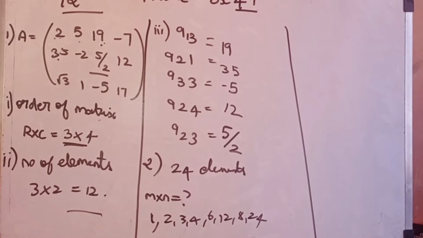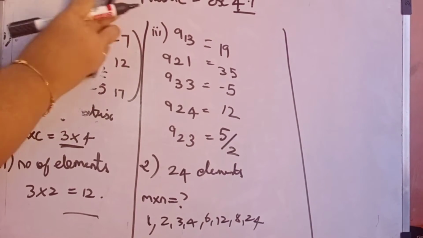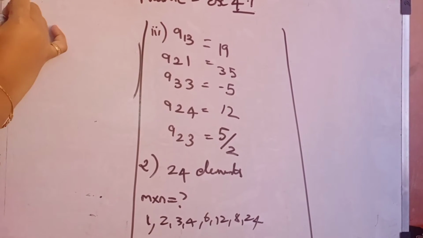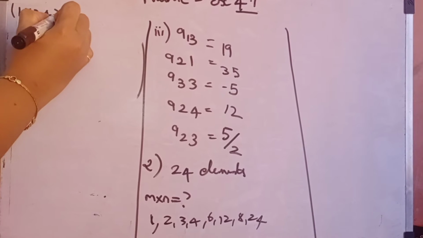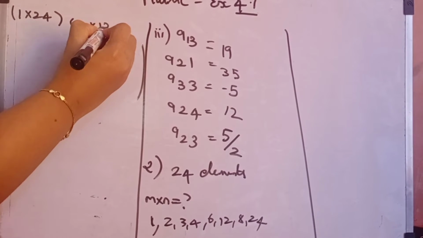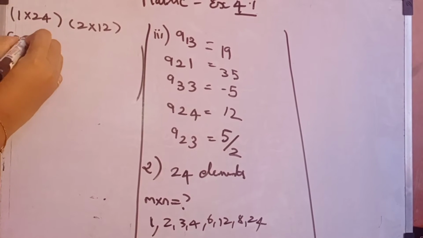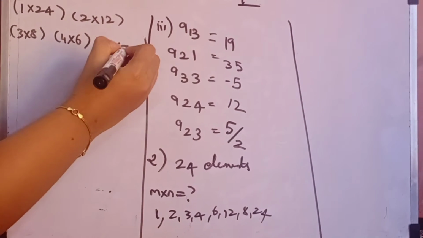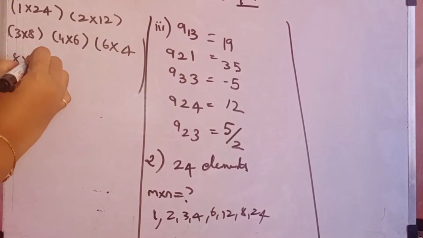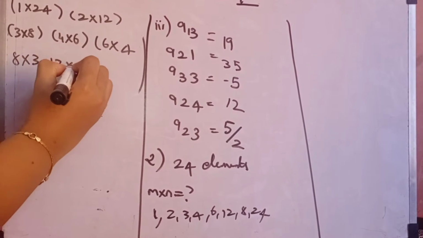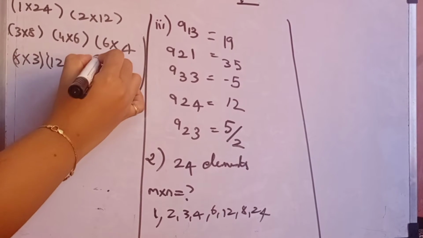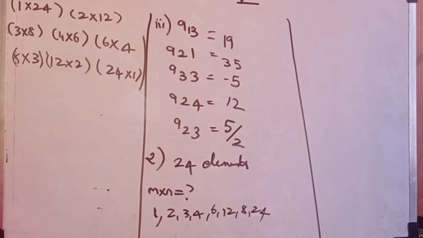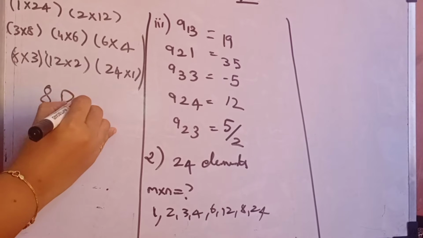So how can we pair these numbers? 1 into 24, 2 into 12, 3 into 8, 4 into 6, 6 into 4, 8 into 3, 12 into 2, 24 into 1. So how many possibilities?